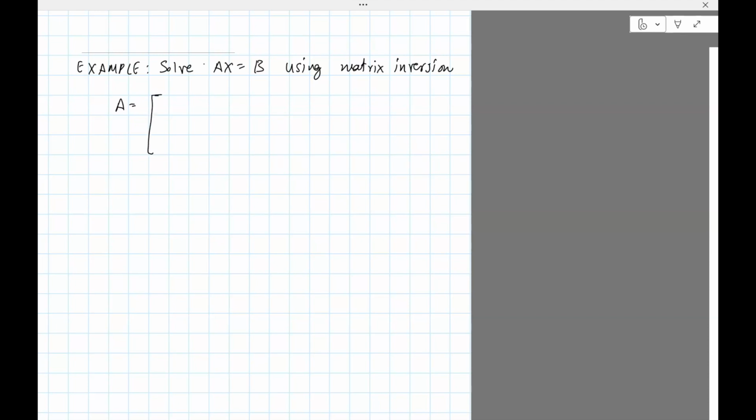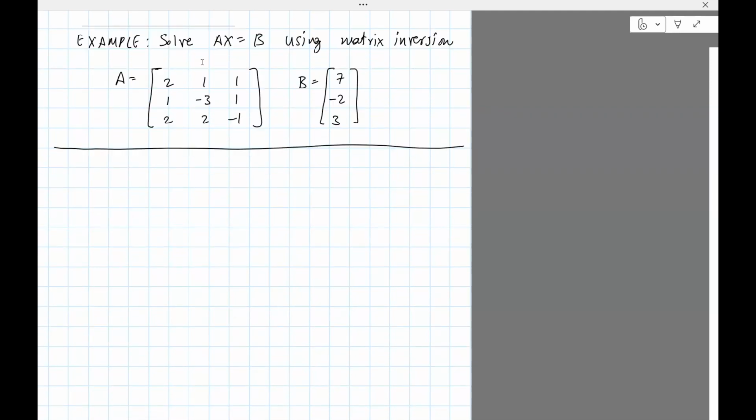So what's given is A is 2, 1, 1, 1, minus 3, 1, 2, 2, minus 1, and then B is a column vector, 7, minus 2, 3. Okay, so let's get started.